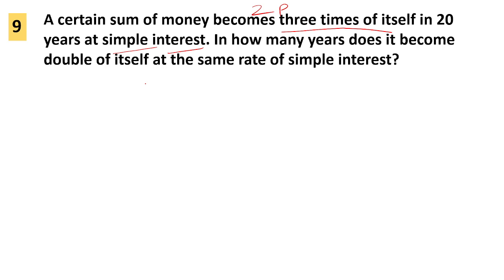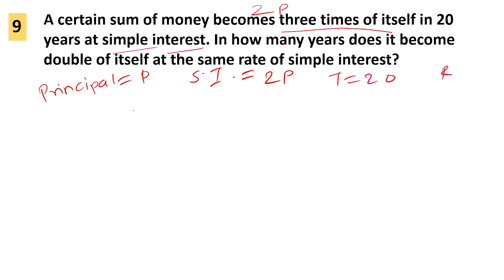So first we have to find the rate. Let's take the principal as P. Then the simple interest will be, as it becomes 3 times, make it 1 less, that is 2P, and the time they have mentioned is 20 years. We just have to find R now.